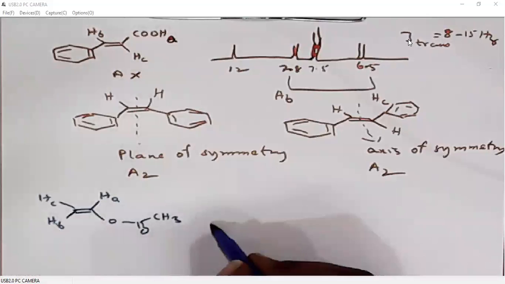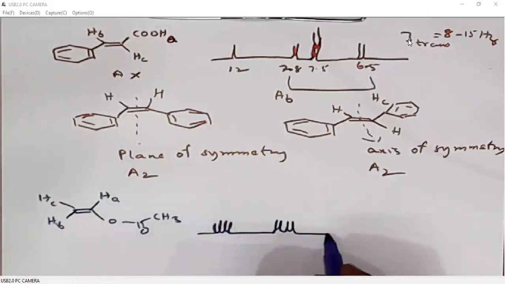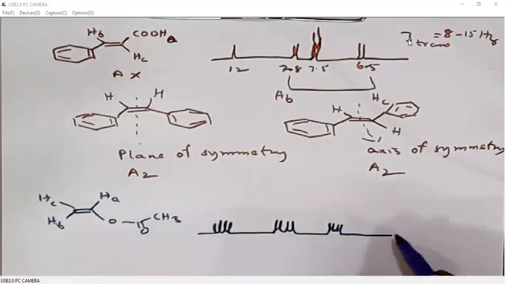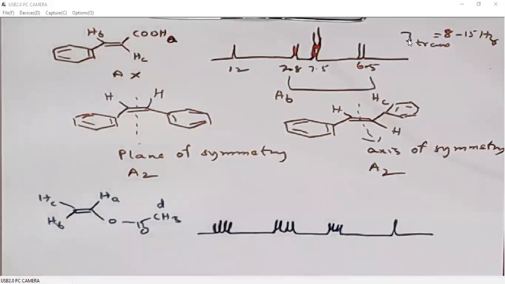Clearly, when we look at the spectra, this is the d protons. The d proton gives a singlet, whereas this is Ha, this is Hb, and this is Hc.